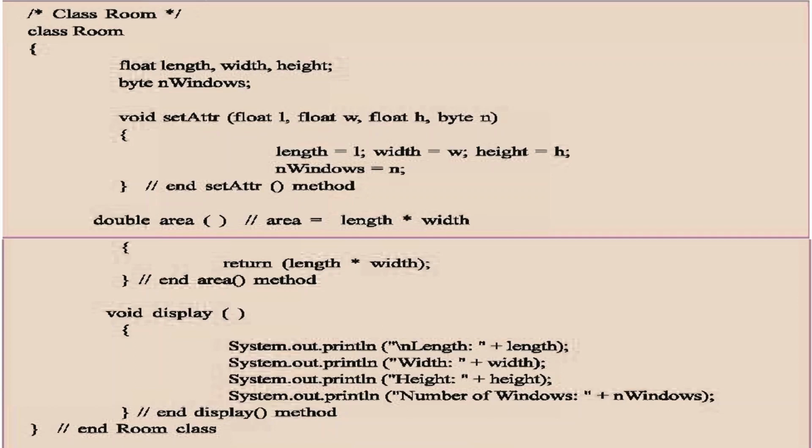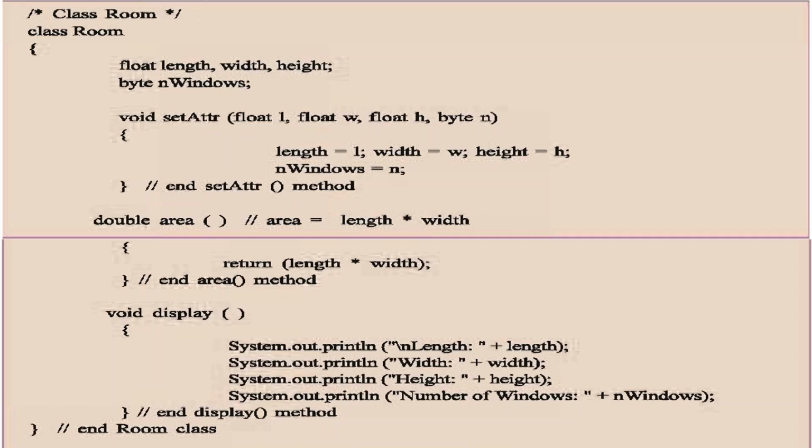Because we are going to store the number of windows in a room, and you know there is no room on this planet with more than 127 windows, for us byte is enough. So these 4 are called attributes of the class.